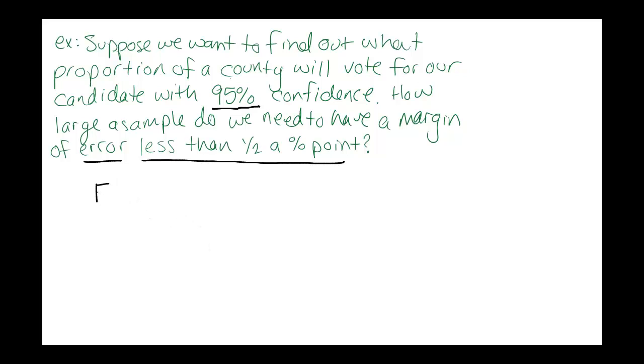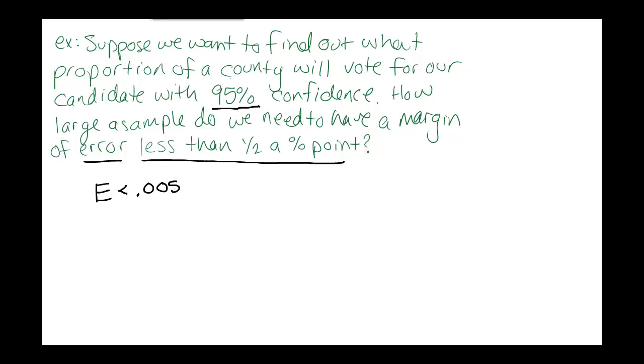So here we want our margin of error to be less than 0.005, right? This would be 0.5%. So this means that whatever estimate we get will be plus or minus 0.005 or plus or minus 0.5%. And that's a fairly accurate estimate.